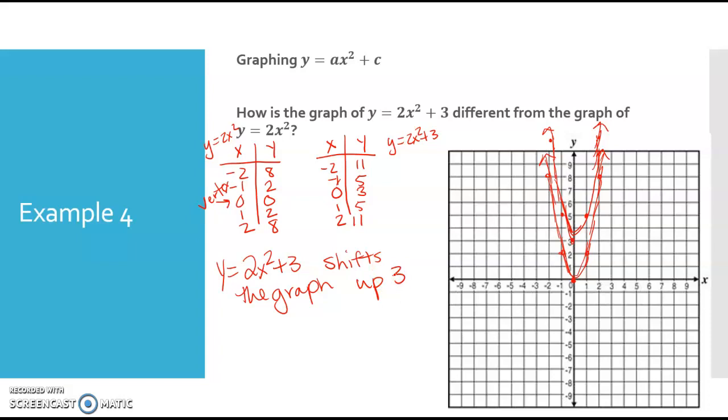So if plus 3 shifts our graph up, what, and I'm going to leave it out there, what do you think 2x squared minus 3 would do? Okay, I'm leaving that to you. I am going to move on to this next one, last one.